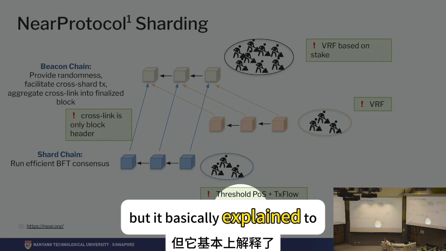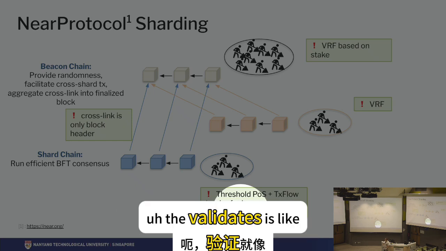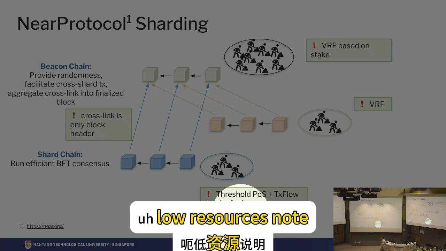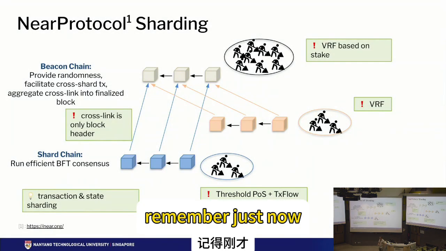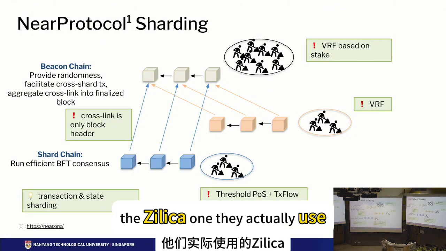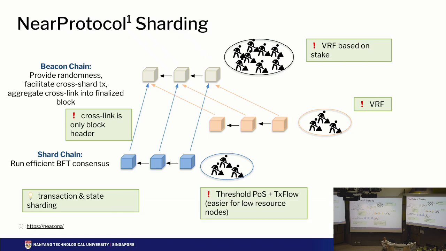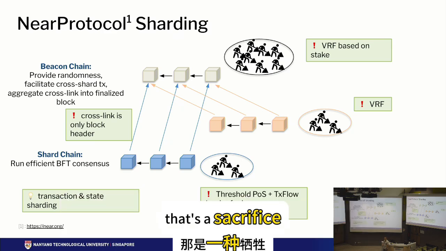Where basically these thresholds, you can check their whitepaper on what they mean, but to translate that message to the validators, it will be easier for a low-resource node. Because remember just now the Zilliqa one needs a pretty heavy-loaded, high-end CPU to run the services. That's a sacrifice.